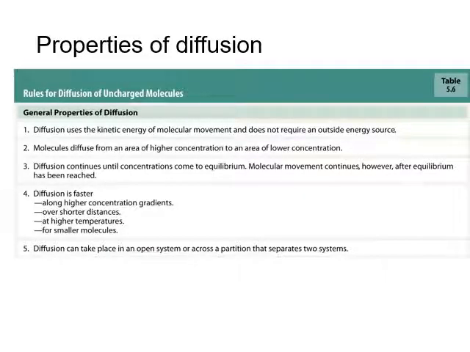So this is just getting a written definition of what I just talked about. The kinetic energy is the movement, the driving force, where the energy comes from. It's kinetic energy in the molecule, diffusing from high to low concentration, and diffusion will occur until it reaches equilibrium. Some factors that might affect diffusion: diffusion is faster along higher concentration gradients.